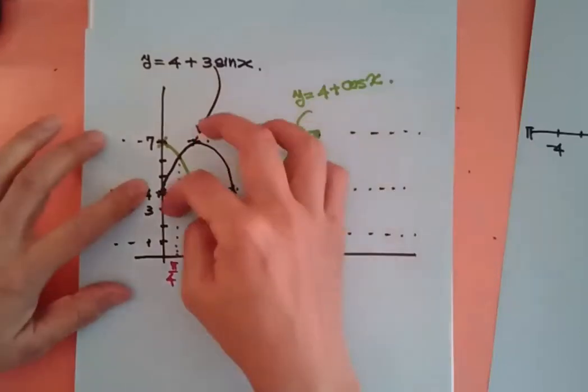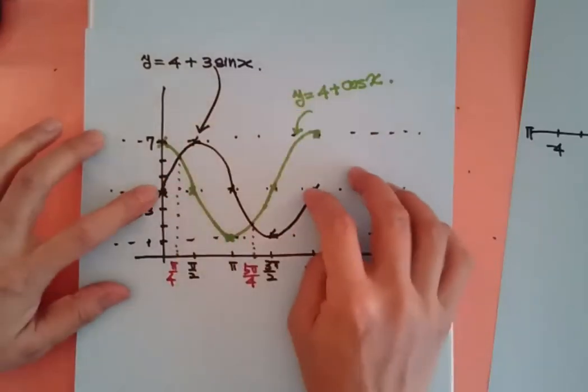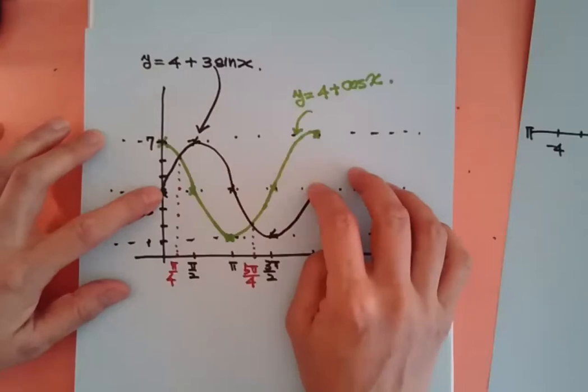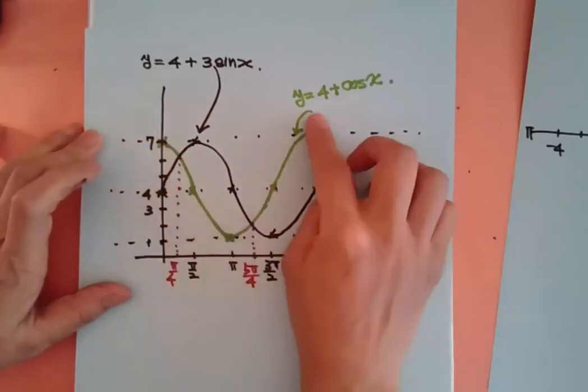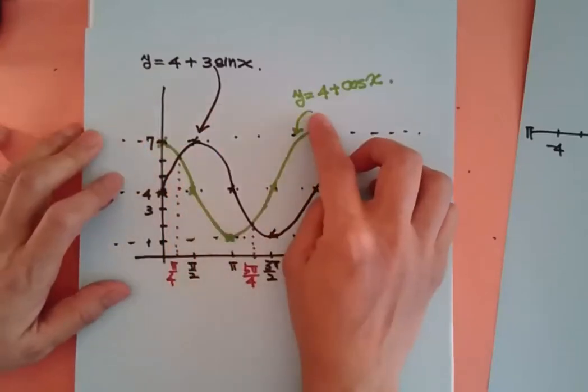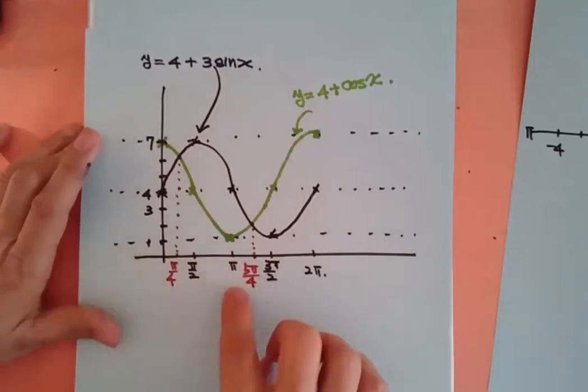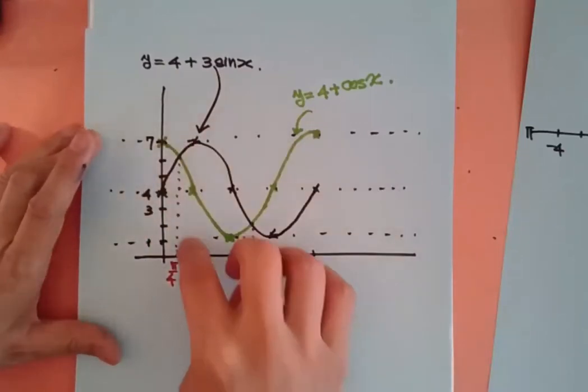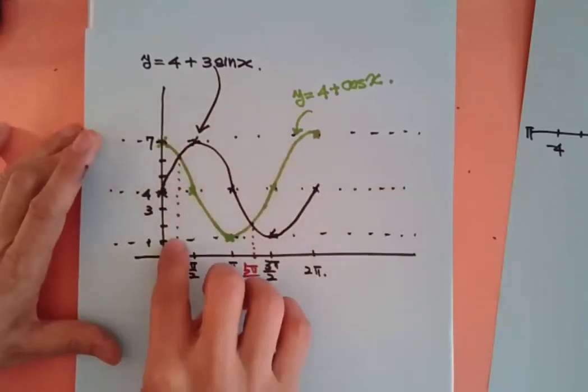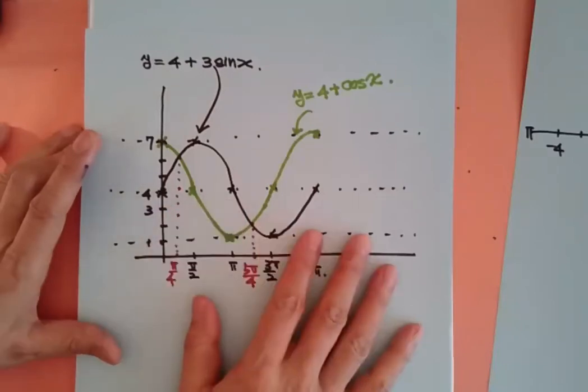This will look like a vertical cardioid, and this cosine graph will look like a horizontal cardioid. So we will deal with two heart shapes, one looking like this and the other looking like this. So we have to analyze the graph.